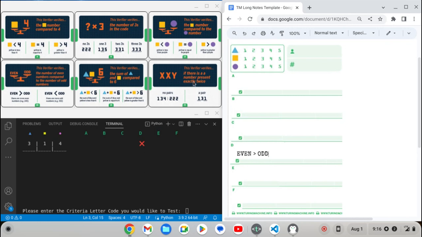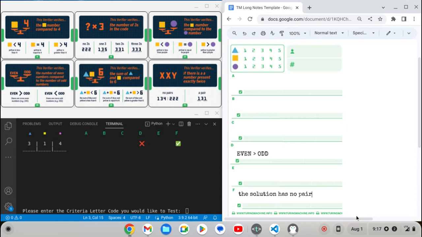Next, I think I'd like to test criteria card F to see if there's a pair or not. Okay, so if you look at my initial proposal, 314, they are all unique. So that means that there, in fact, is no pair. So let's go ahead and type that up in our notes in section F. So we'll say the solution has no pair.